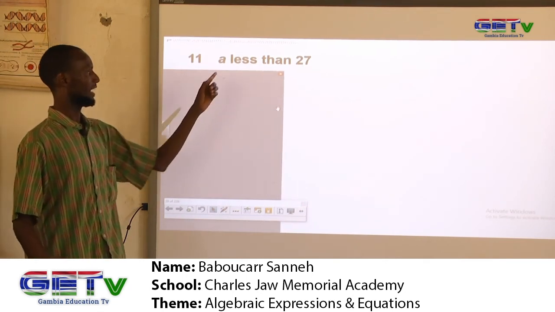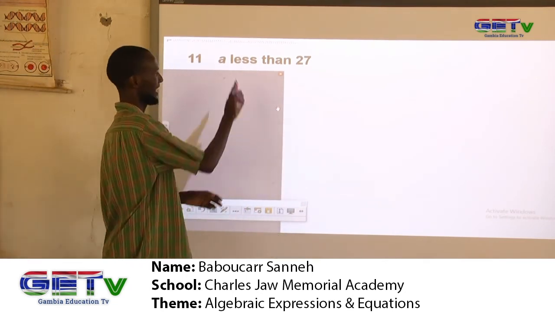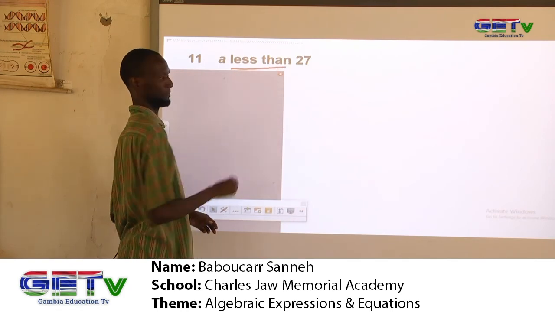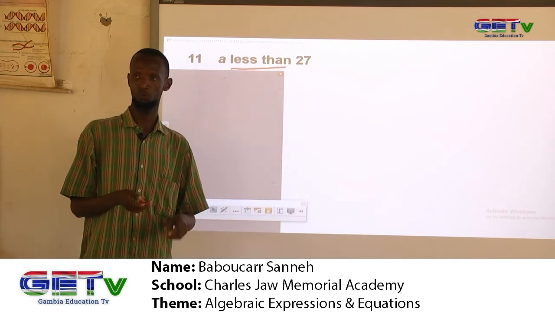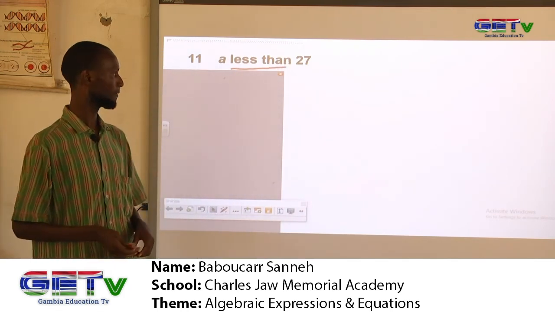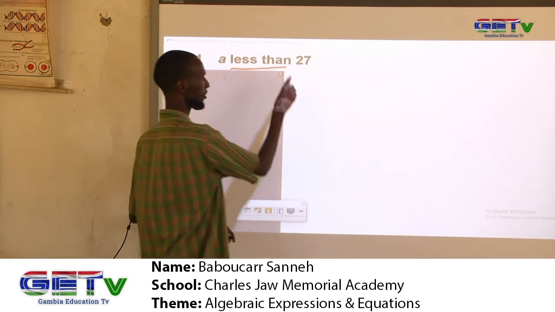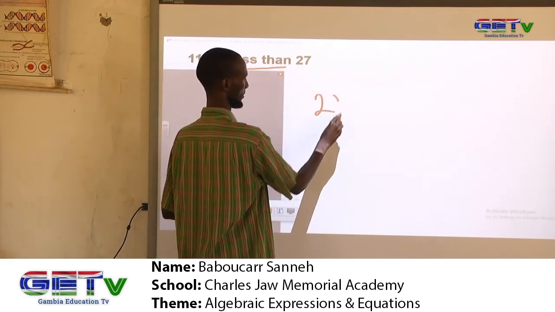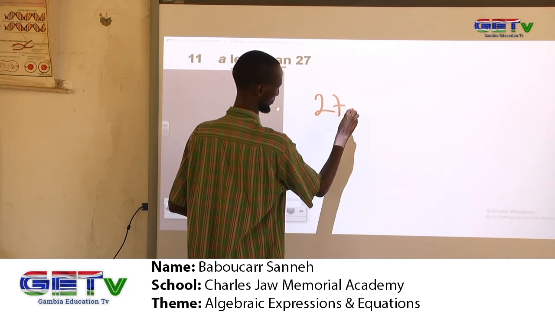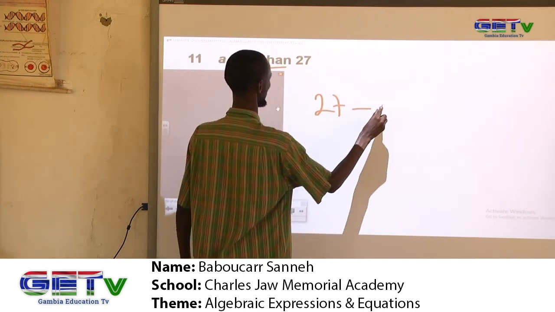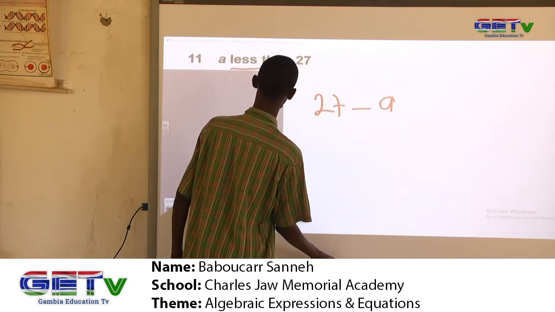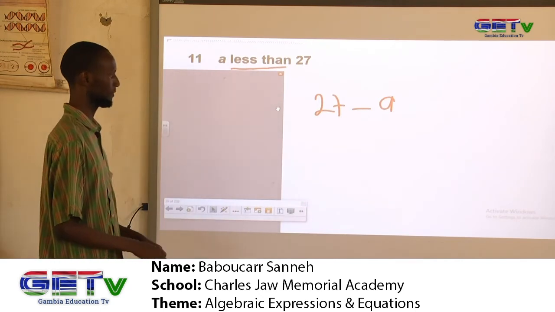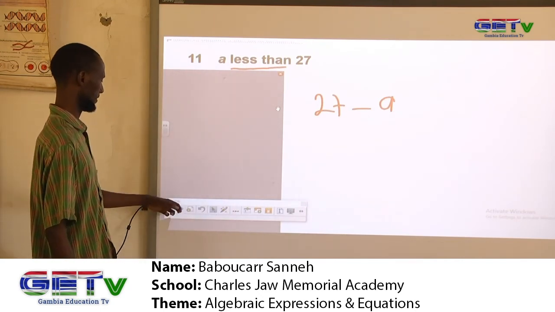Now, again, it is less than, which indicates that we need to switch our 2 terms. The second is first, less is actually subtraction, and then the first is now going to be the second. So you have a less than 27 being 27 minus a.